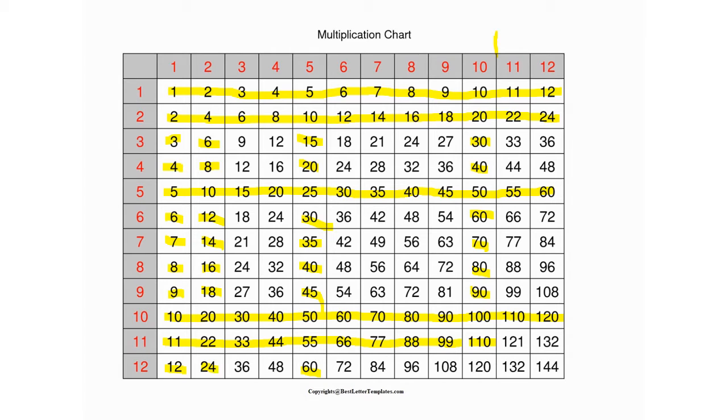And the 11's: 11, 22, 33, 77, an easy pattern to pick up on. We don't have to get down into the 11s and 12s, but if you want to, that's fine. For most of us, knowing your facts up to your 10s is all you need.